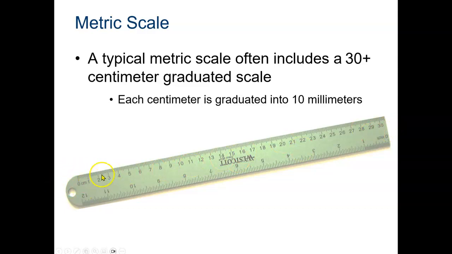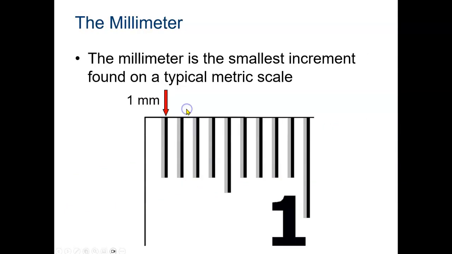So just make note of that and understand that the one side that goes up to 30, that's the metric scale. And always remember that it's base 10, so 1 centimeter is 10 millimeters. 2 centimeters is 20 millimeters. 3 centimeters is 30, so you get 40, 50, 60, 70, 80, 90, 100, all the way to 300 millimeters or 30 centimeters.